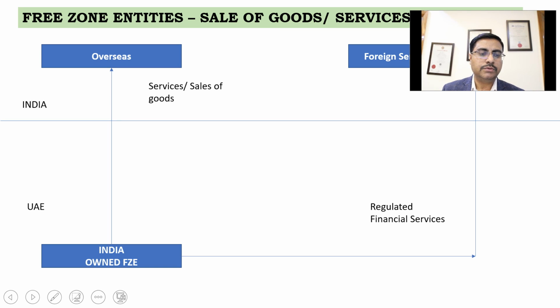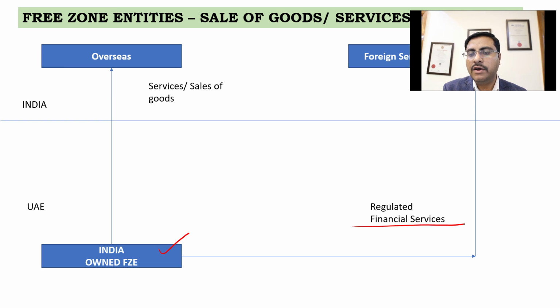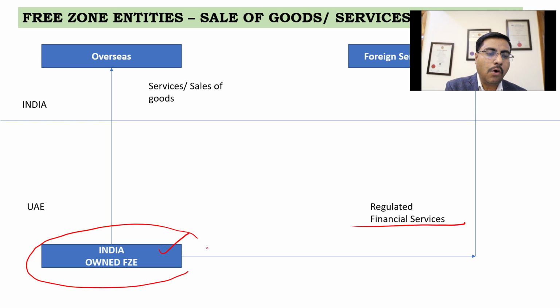Suppose an Indian-owned free zone company is dealing in the import or export of goods, import or export of services, or some financial services like brokerage in the capital market. All that kind of activity in the UAE free zone is not liable to tax because it is qualifying income.